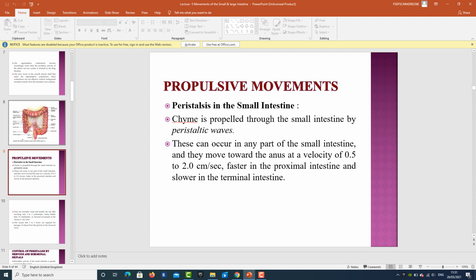Now we should know about the propulsive movements, the peristalsis in the small gut. Chyme is propelled through the small gut by peristaltic waves, which can occur in any part of the small intestine and move toward the anus at a velocity of 0.5 to 2 centimeters per second, faster in the proximal intestine and slower in the terminal intestine.